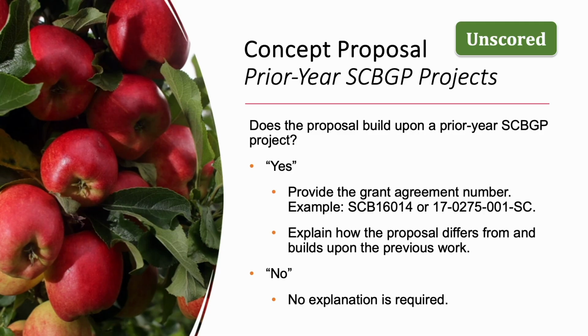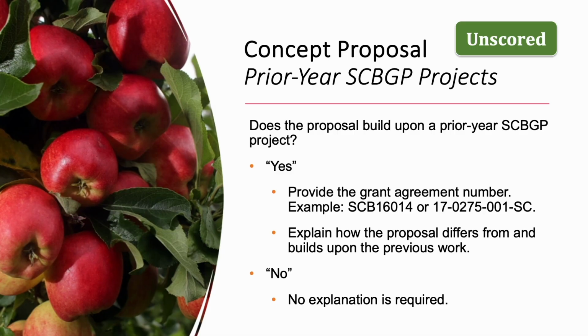The key thing to note here is that the SCGBP cannot fund projects that duplicate work done in prior projects, so it is important to thoroughly describe how the proposed project is different from any previous projects.